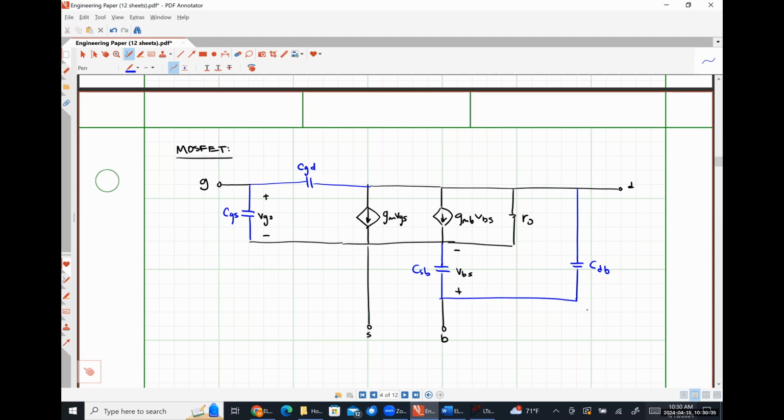For what it's worth, I much prefer the naming convention for the MOSFET capacitances because it literally explains what they are with their names.